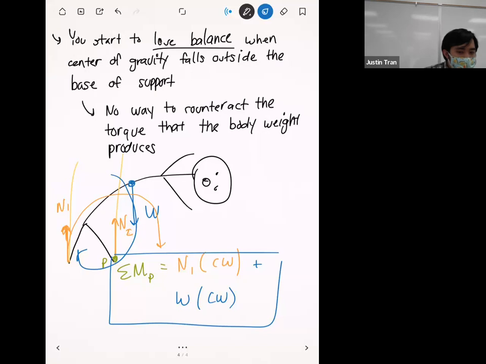When you have two torques like this providing moments in the same direction, there's no way for them to counteract each other. So what's going to happen in this situation is that the body is going to start rotating clockwise, and its angular acceleration or angular velocity is going to increase until this person basically just smashes his head on the ground.